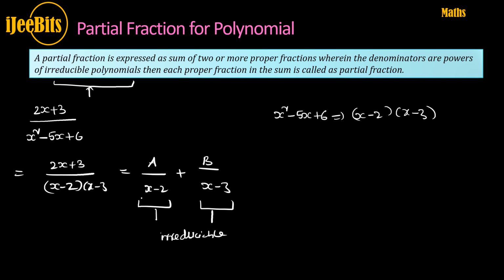Irreducible polynomials. So from the definition, this is satisfying the condition. Both can be expressed as two simple fractions. Denominators are irreducible, and the powers are of lesser degree than the given polynomial, and hence these are proper fractions, and summing these proper fractions gives rise to your original fraction.